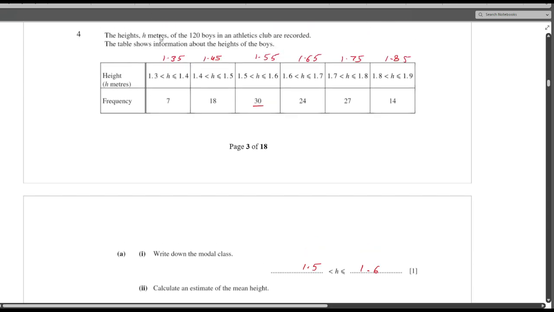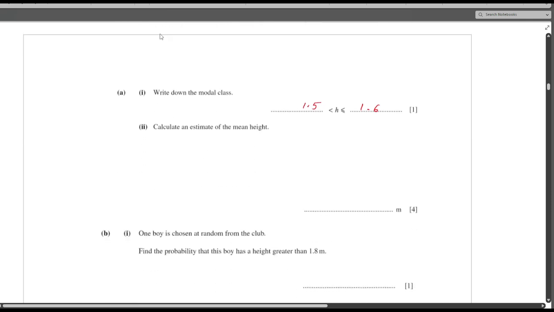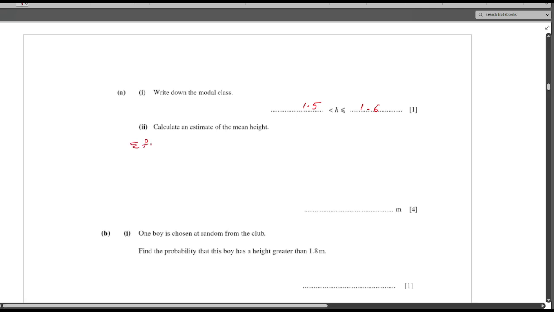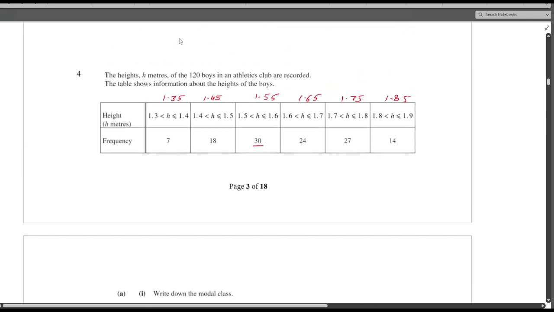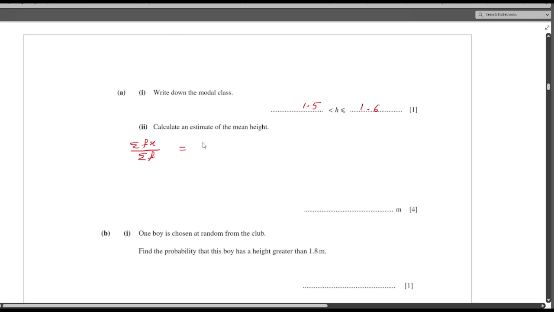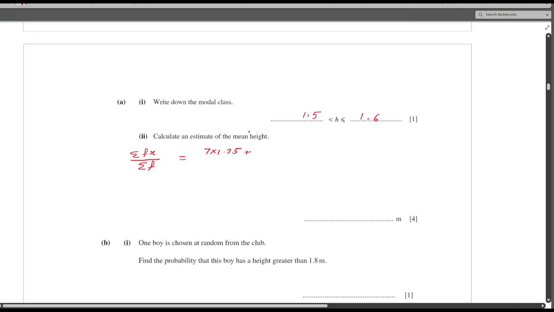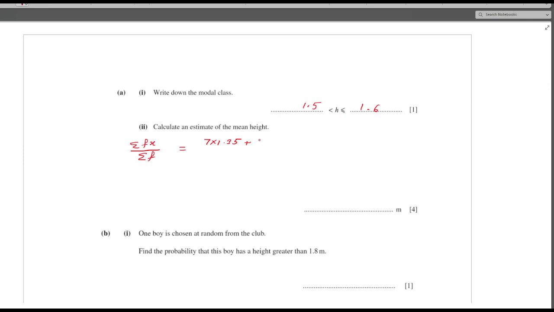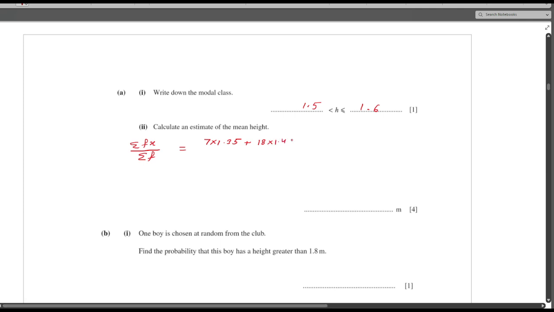Now I have to calculate the estimate for the mean height. So it will be 7 times 1.35. The formula is you have to take the summation of frequency times the value, summation of f into x, divided by summation of f. So this gives you, the first value is 7 times 1.35, plus the second value is 18 times 1.45.